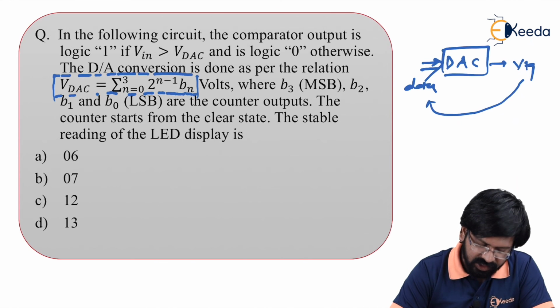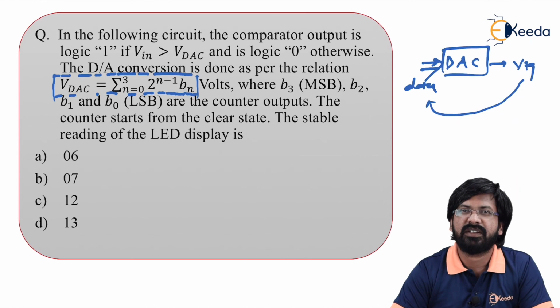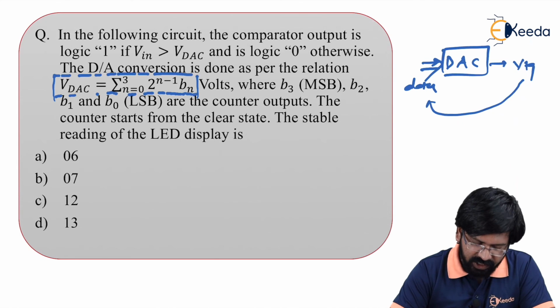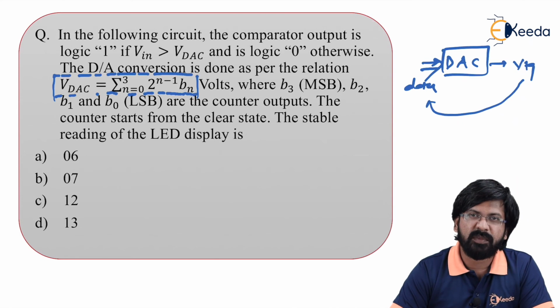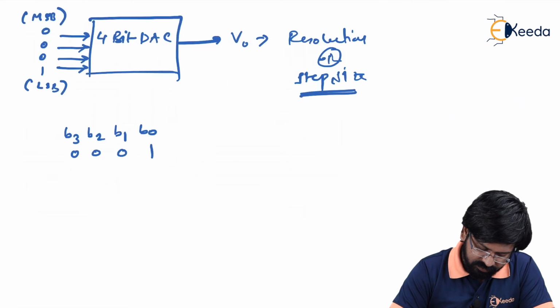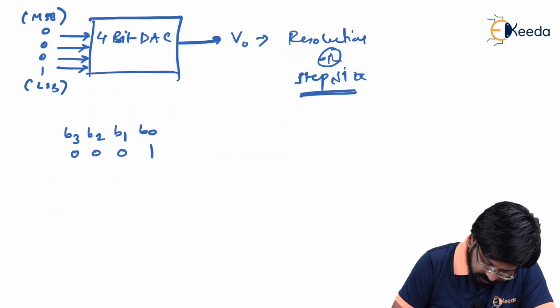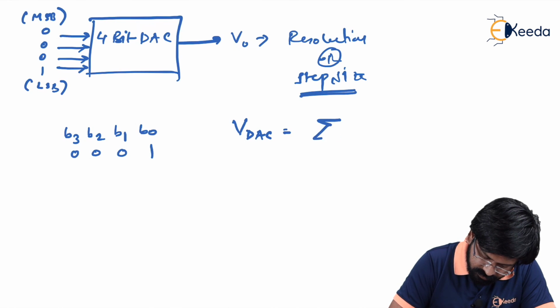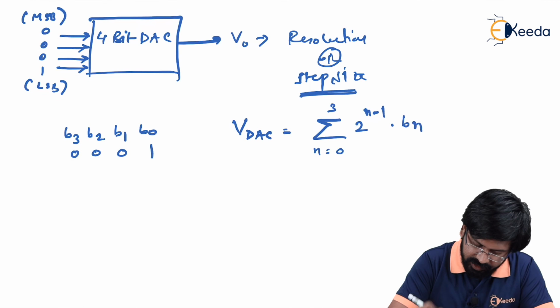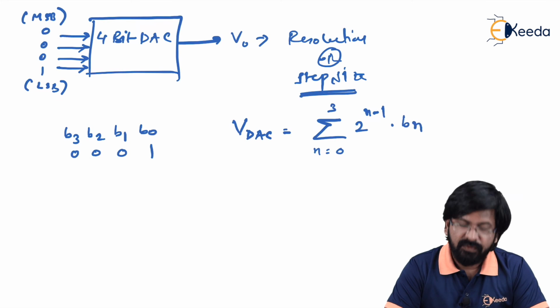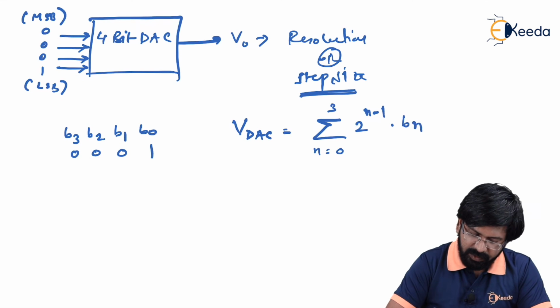Let us write this relation and expand it, and then we will solve this and get the answer. So it is summation n equal to 0 to 3, 2 raised to n minus 1, Bn. Here n will be varied from 0 to 3 and we will make a summation out of it.